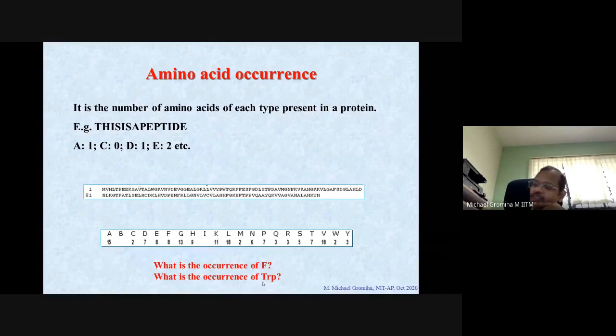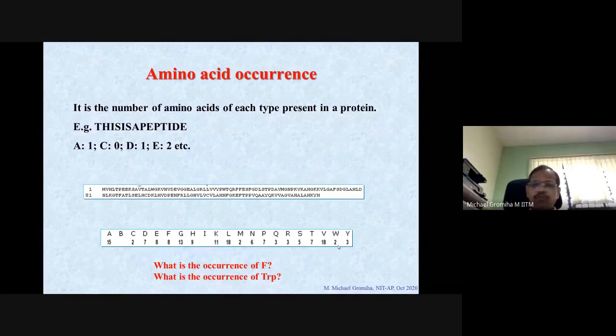The single letter code for tryptophan is W, right? So W is here. This way it is 2. The answer is 2. If you look here, you can see 2 places, one here and one somewhere else. So you can see 2 tryptophans in this sequence, and the occurrence is 2.